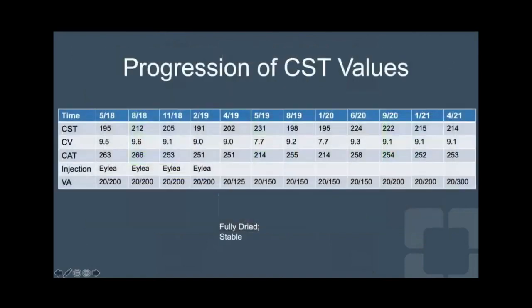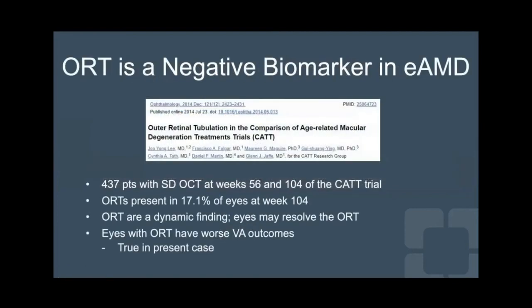And this is just to show you again their values over time of the CST, which have been really quite stable. I stopped giving injections back in April of 2019, and they've been able to pretty much maintain vision during the course of that entire time period, despite having this ORT present. So what we find from ORT is that it's actually a negative biomarker in neovascular AMD.